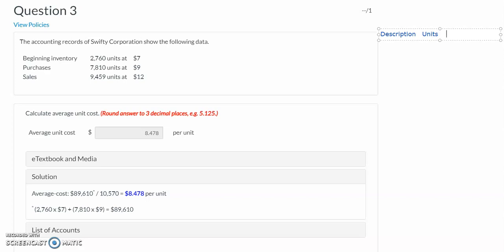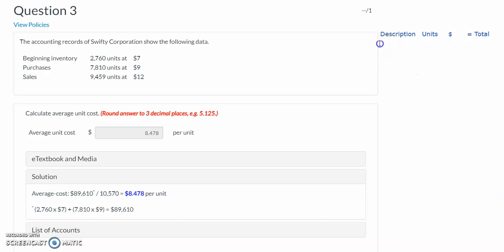I'm also going to note the cost per unit. And what I want to get at is what's my total cost? Just having these totals really helps identify the information as you go along for a problem like this.